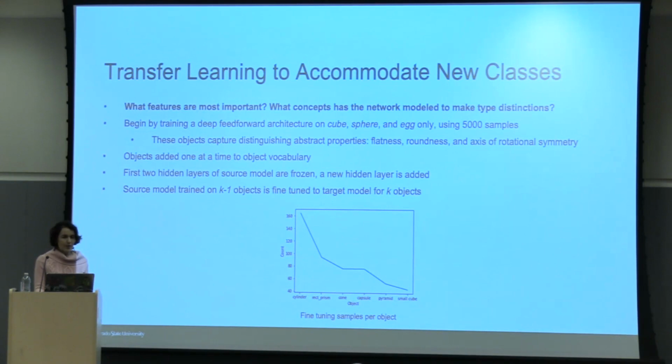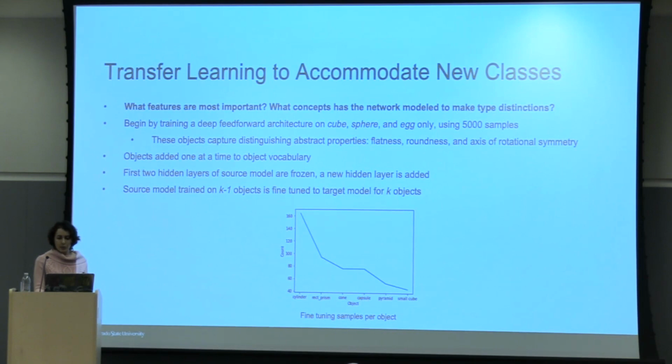To explore more sample-efficient models, we use a transfer learning approach, and we want to see what features are most important and what concepts the network model has to make the type distinctions. We begin by training a deep feed-forward neural network architecture on 3 objects, and those objects would be cube, sphere, and egg only, and we use 5,000 samples.